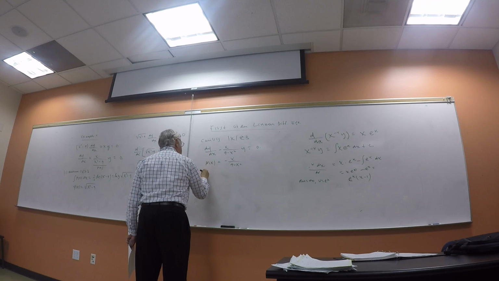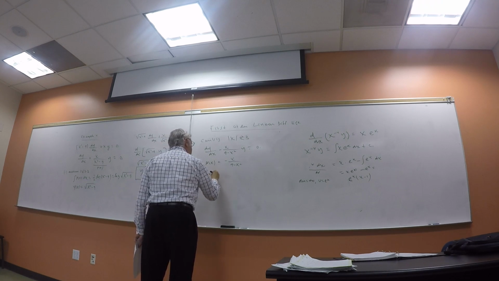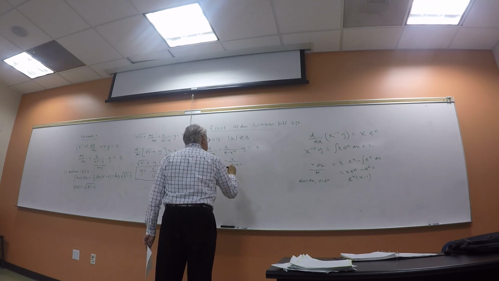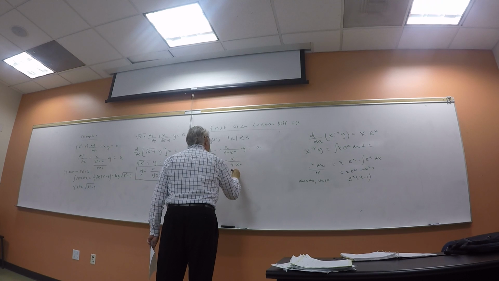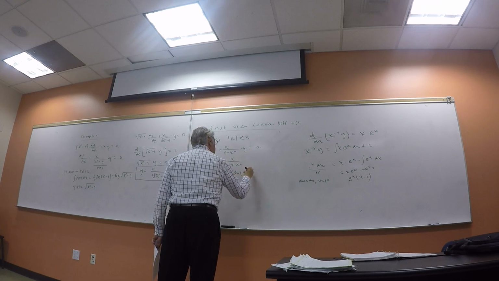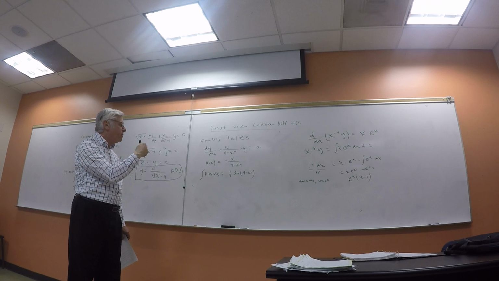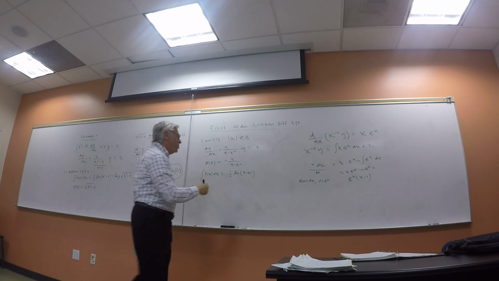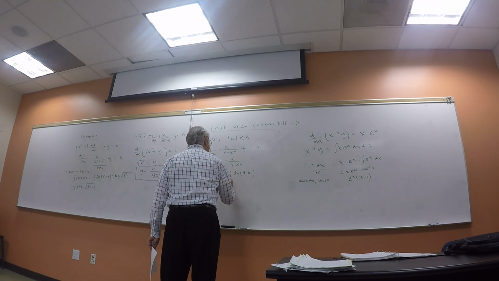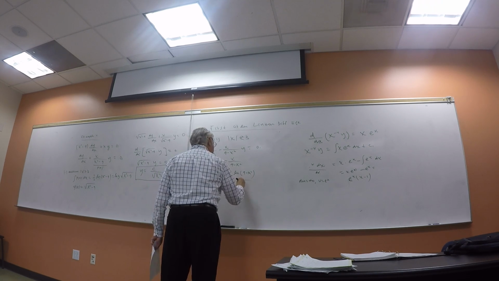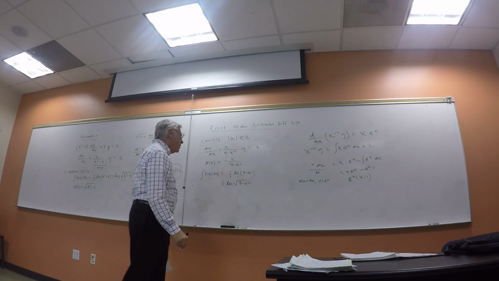So I do the integral of p of x dx now, and in order to get a real thing over there, I want 1/2 the log of 9 minus x squared, right? So I differentiate that, I get 1 over 9 minus x squared times negative 2x, which is the same as this, the logarithm of the square root of 9 minus x squared, okay?